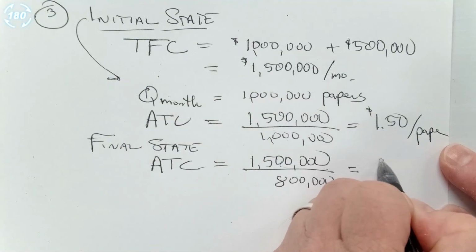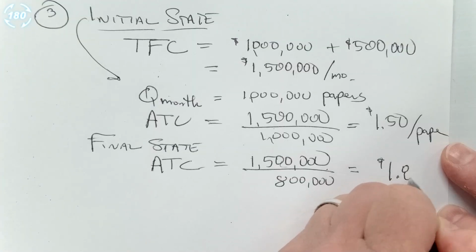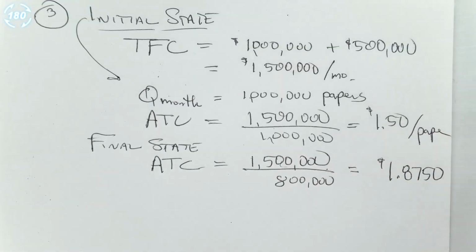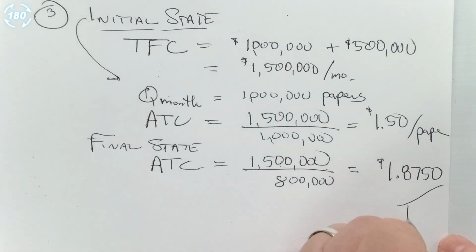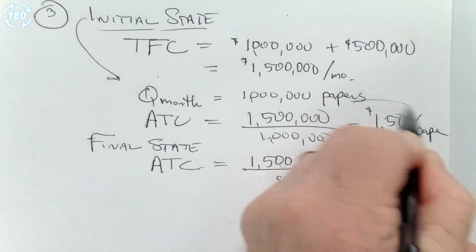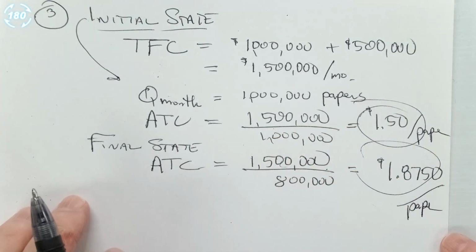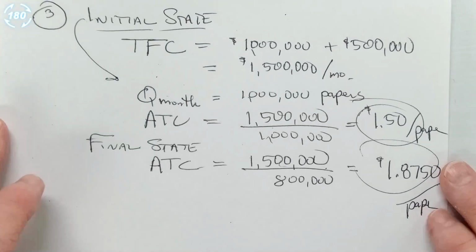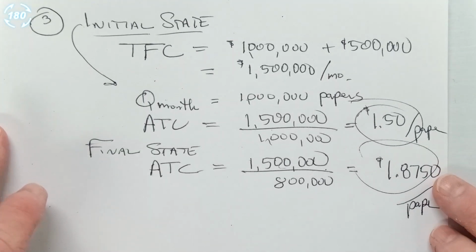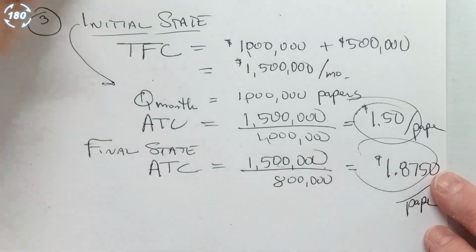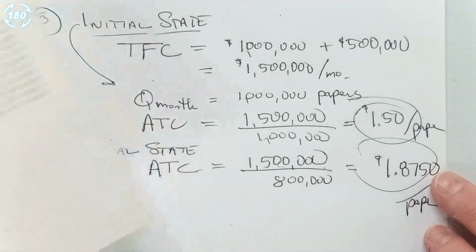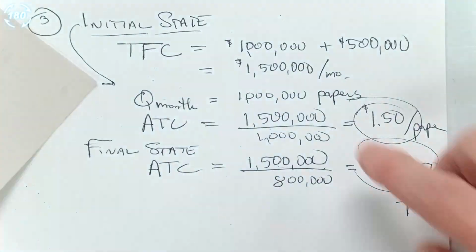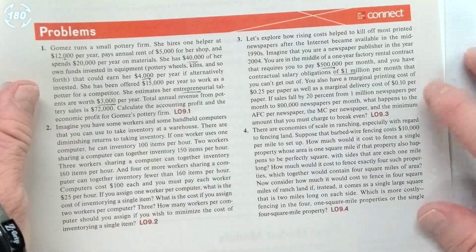So this is 1.875 dollars per paper. What happened here? We went from $1.50 to $1.87. So it just went up. That's not good. We don't like to see that in management. So that's the first thing. Just see that if the denominator decreases, fewer papers, the fraction has got to go up.